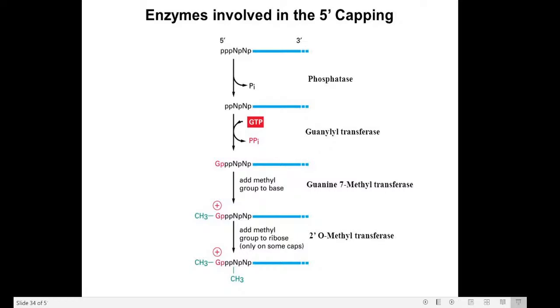So one methyl group is added to the base, that is the guanine. Methyl group is added to the guanine, which is a base, and in that case they use guanine-7 methyl transferase. For the next case you have to add the 2'-O methyl transferase. It helps to add methyl to the ribose.